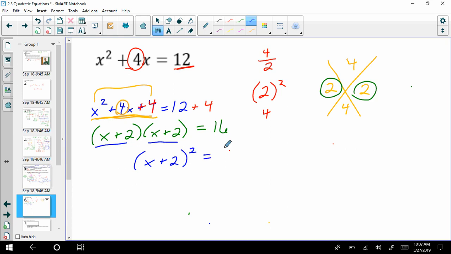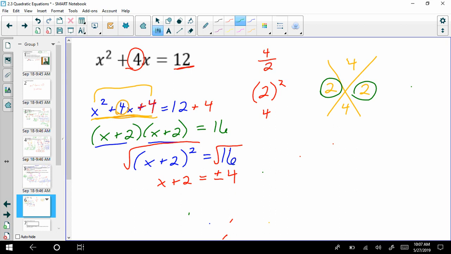And now we want to solve from here. So to solve for x, I will square root both sides. Now this one's nice because the square root of 16, that's a perfect square. It's just 4. Hopefully you're yelling at me because when we square root, we'll have plus minus.